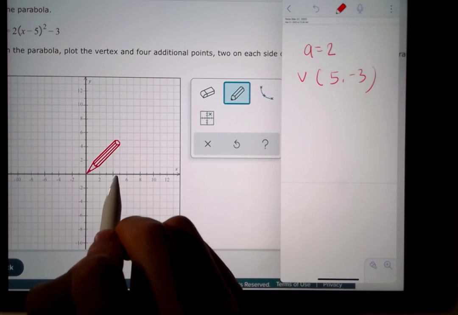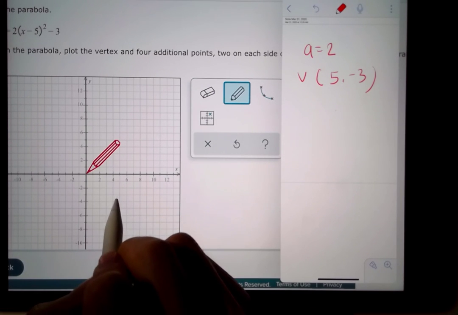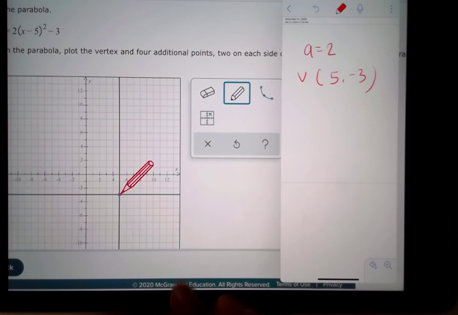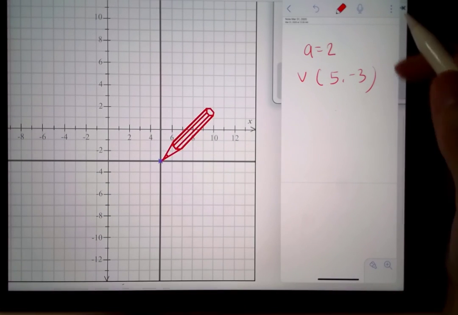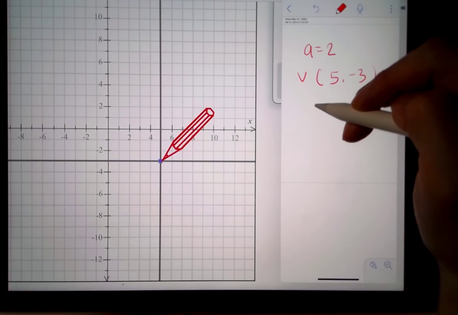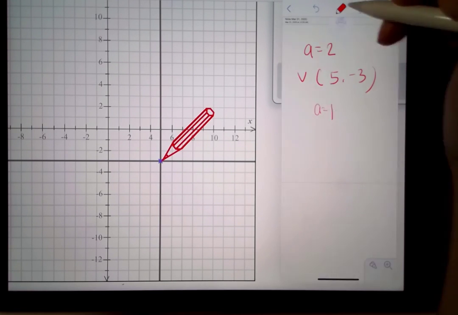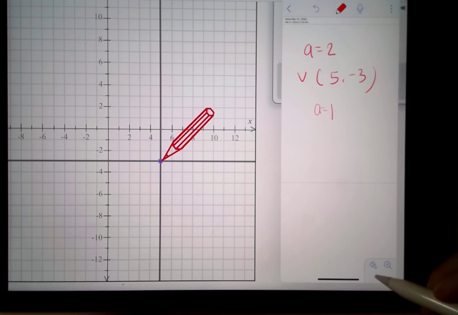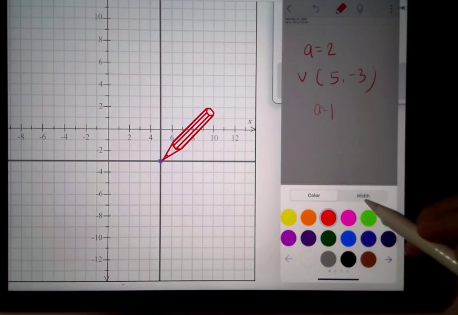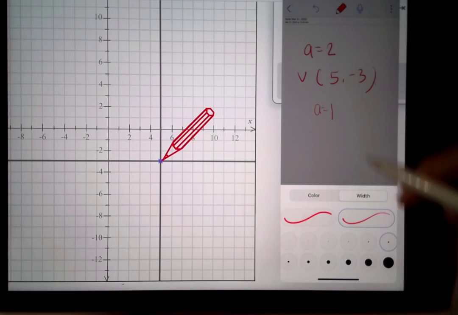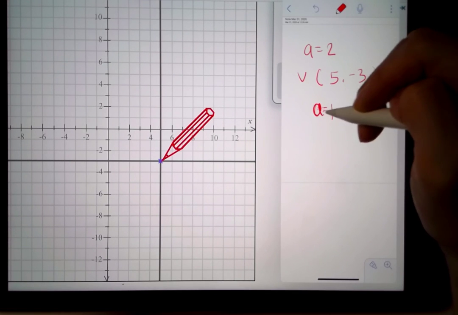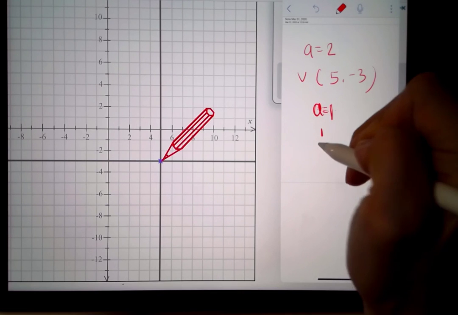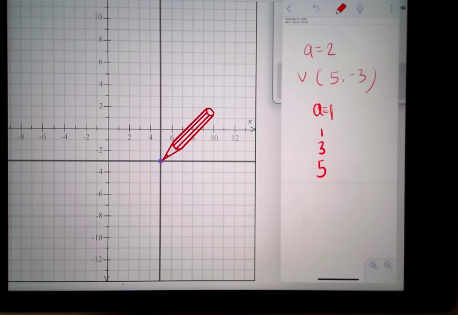So you just go to (5, -3), like this, and you plot the point. All right, and then think about it, guys. So I told you when A is 1, we go by 1, 3, 5, right?